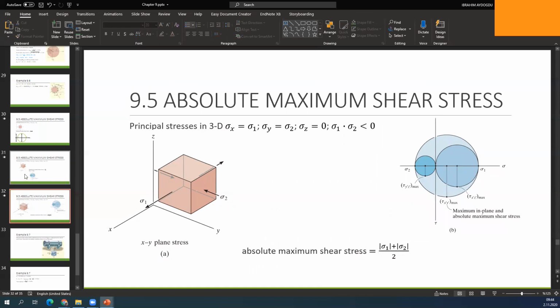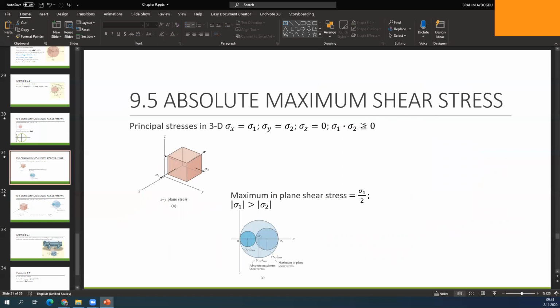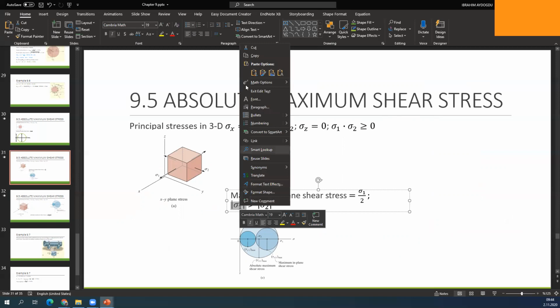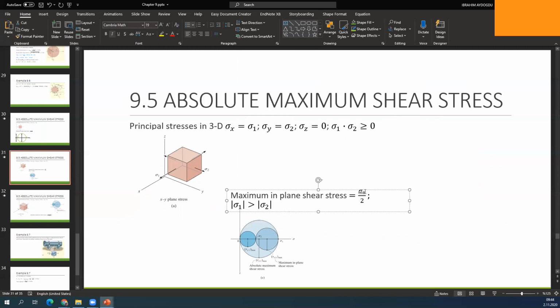Okay, so its strategy is simple. First of all, I also need to copy and paste. So if the multiplication of sigma 1 and sigma 2 is greater than 0, its absolute maximum shear stress is equal to sigma 1 divided by 2.